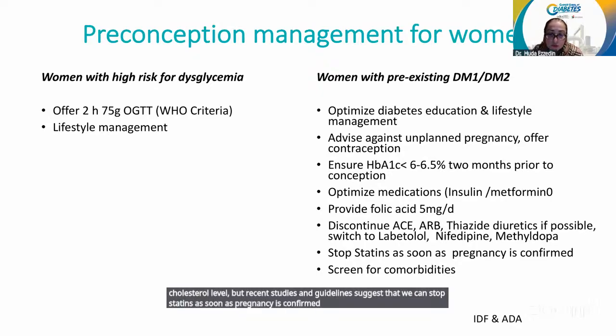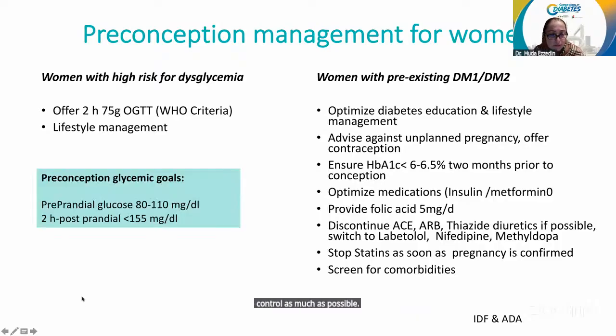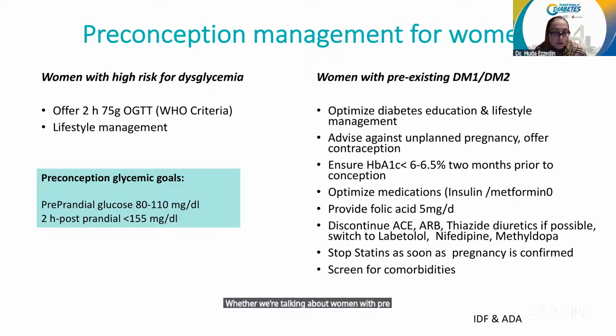We would need to screen for comorbidities as well and tighten up the glycemic control as much as possible. Remember that preconception glycemic goals are a preprandial glucose between 80 to 110, whereas the 2-hour postprandial should not exceed 155. This applies whether we're talking about women with pre-existing diabetes or women who are just on the verge of it.